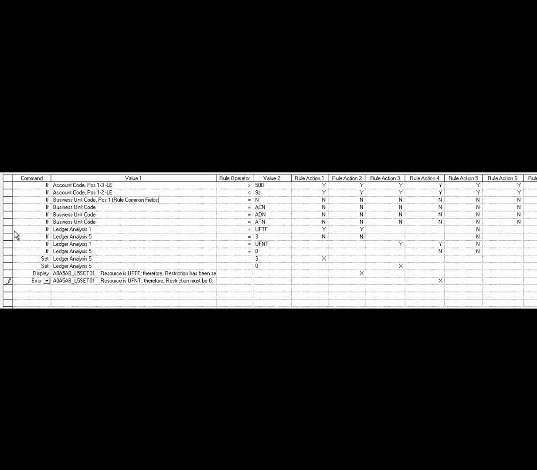Now, for the sake of completion, we want to look at the other action statements that you can have. There's about 3 that relate to workspaces that I'm going to go over in the workspace video. There are other action statements that are not workspace that I haven't shown you here. For example, really wild is that if a condition is met, you can have Sun Systems call or run a COBOL program.